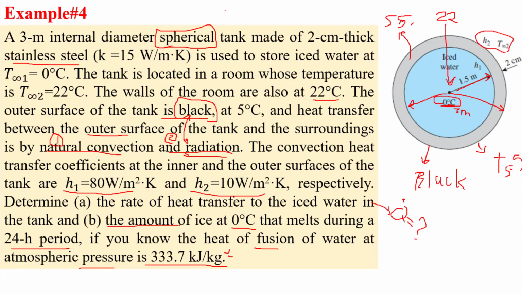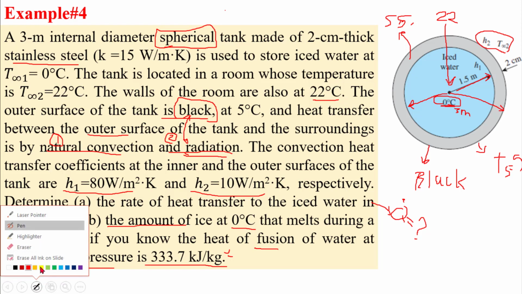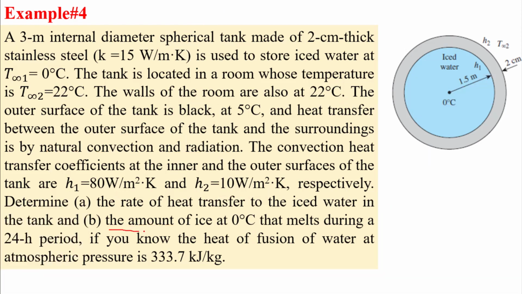We need to find out the amount of ice, which is at 0 degrees Celsius, that melts. Amount means mass of the ice melted down, so this is unknown, during this 24-hour period.